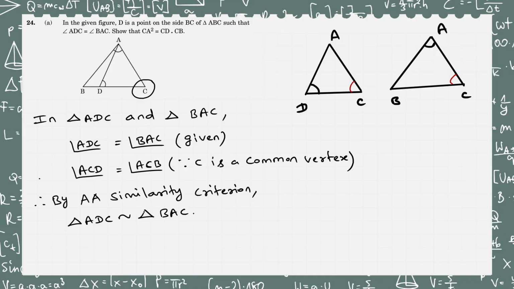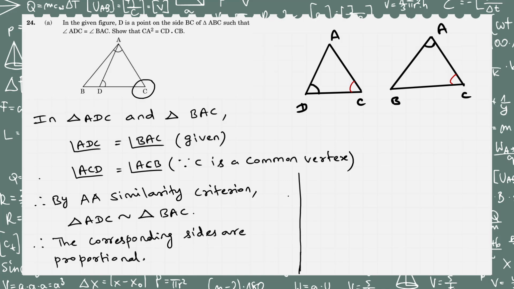So now we can write the sides proportionality. So therefore the corresponding sides will be proportional, right? So what are the corresponding sides which are proportional here? Let us write them. AD side from the first triangle and BA side from the second triangle are proportional to each other, and DC and AC are proportional, and AC and BC are proportional, right?